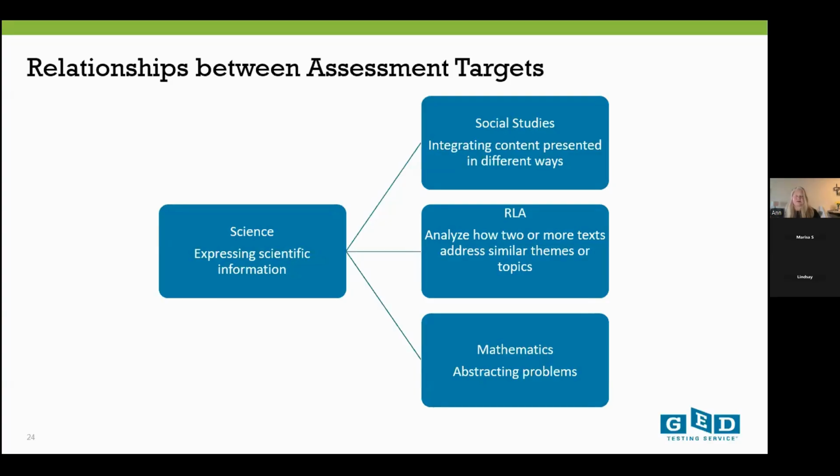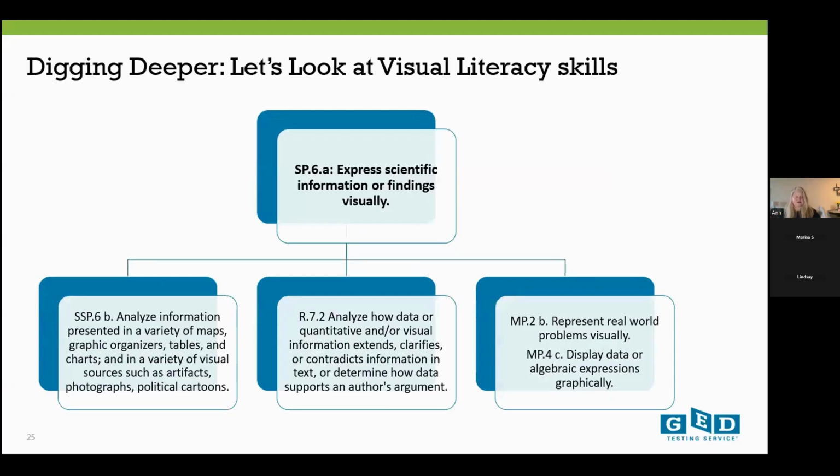So when we look at the actual high impact indicators and dig deeper into these visual literacy skills, you can see how you could pick out from the previous relationship document I showed specific ones that all include visuals.